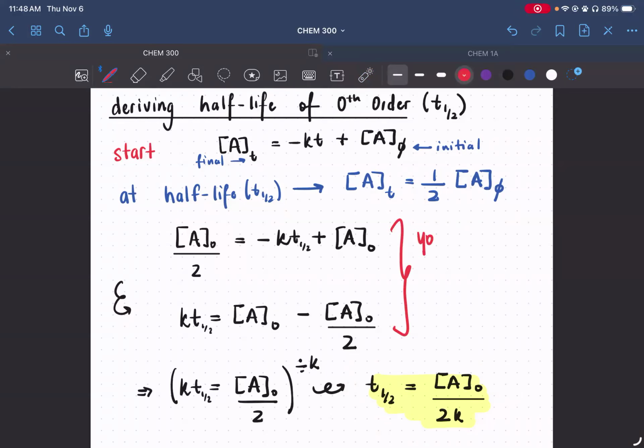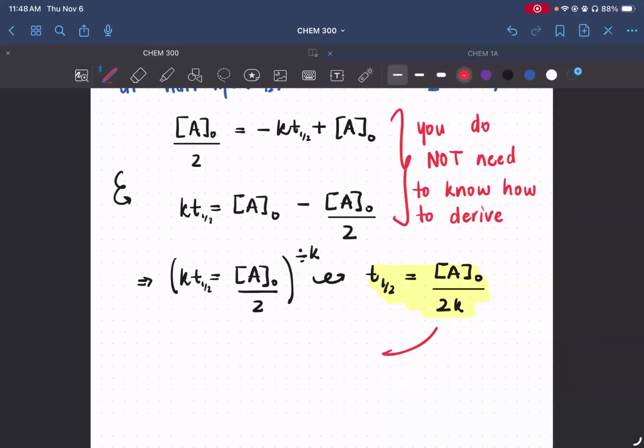You do not need to know how to derive, but it's important to understand where this came from.